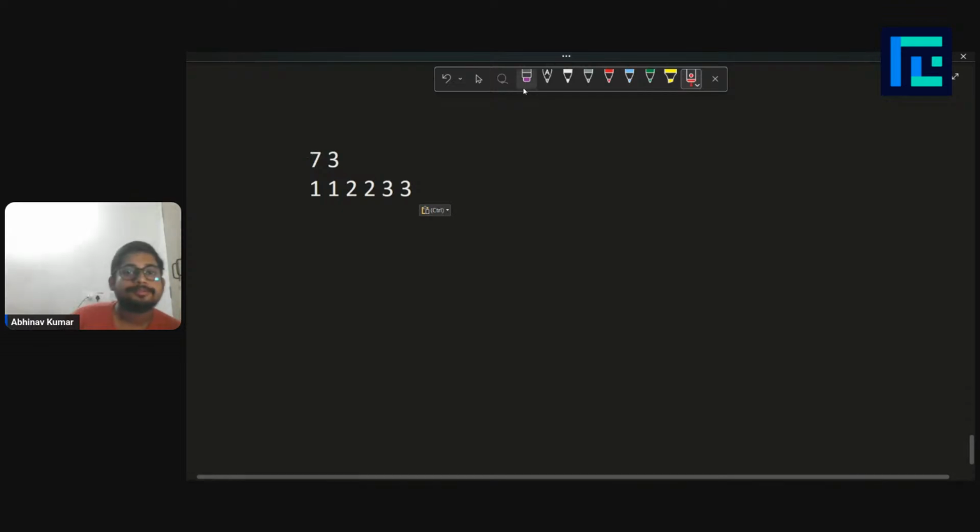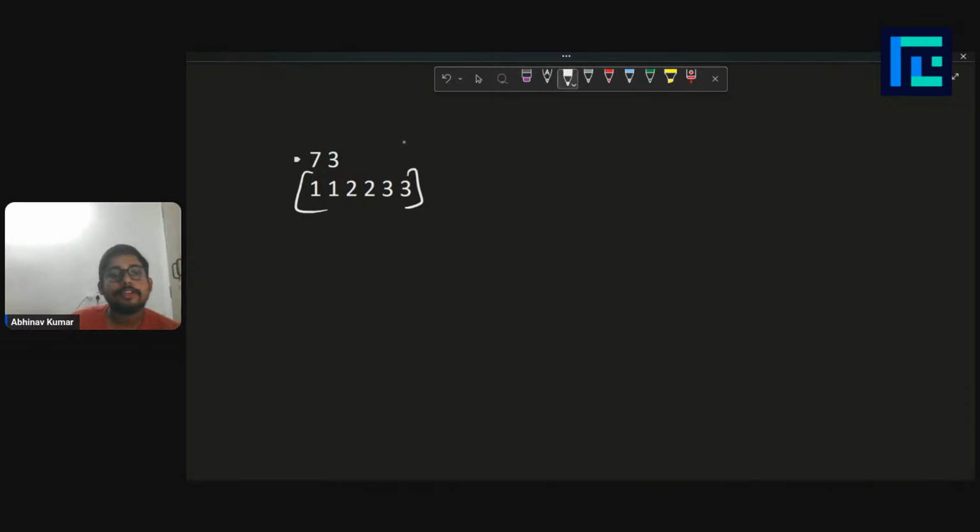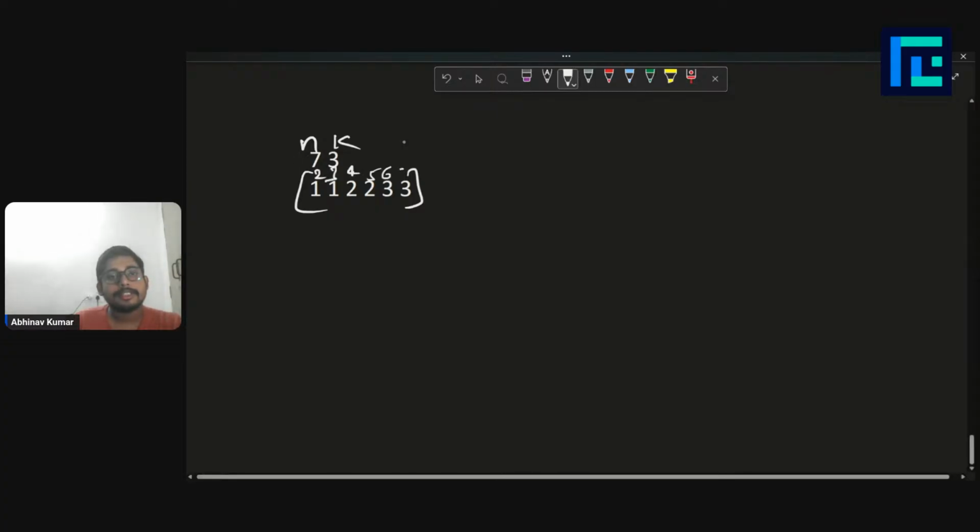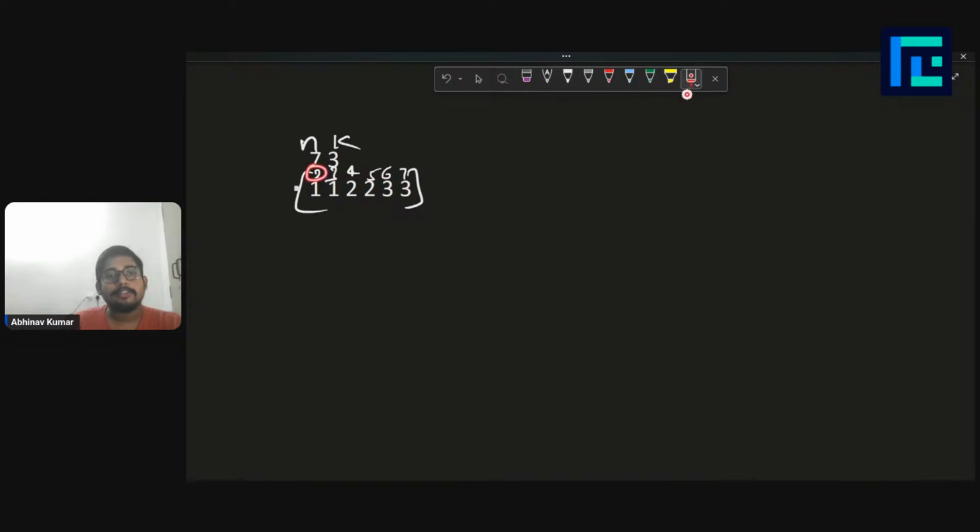In the input you are given n and k along with the parent array. The parent array starts with 2, 3, 4, 5, 6, 7, so the parent of 2 is 1, the parent of 3 is 1, the parent of 4 is 2.